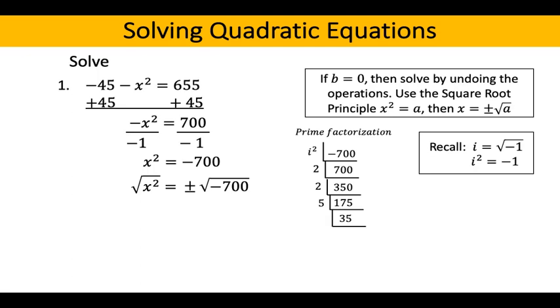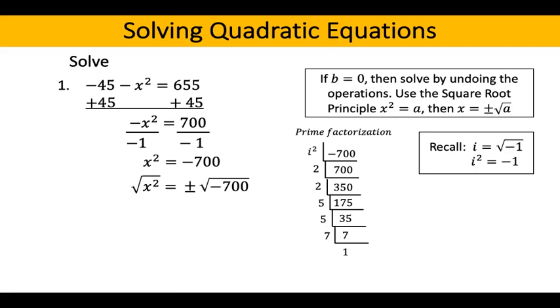Dividing by another 5, 5 goes into 35 7 times. 7 is prime, so we can divide by 7 and we get to our 1. So our prime factorization for negative 700 is this i squared, 2 times 2, 5 times 5, and a 7.